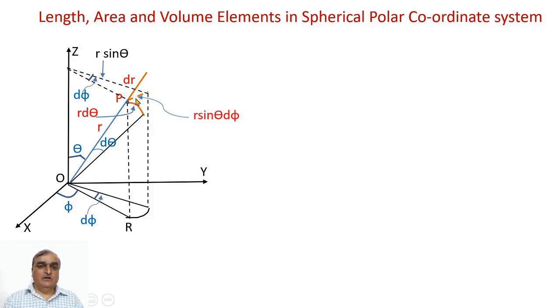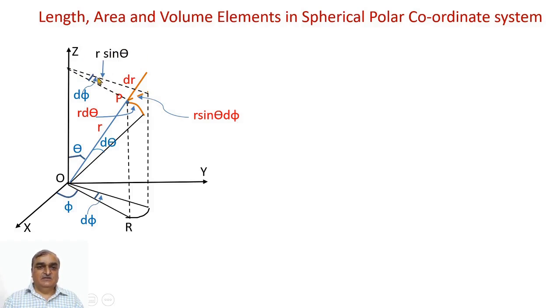If we move this point along the phi curve by a small angle d phi, then this arc length is r sin theta d phi, because the distance of the point from z-axis is r sin theta. Because this angle is theta and this length is r, this is r sin theta.